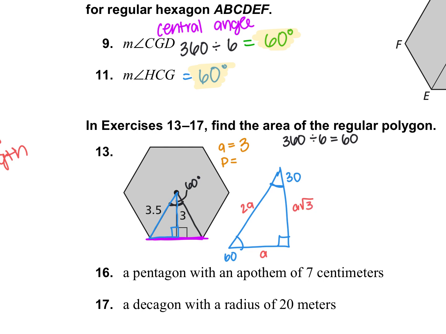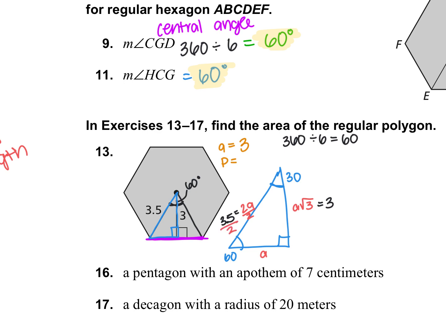And I know some sides. What's my hypotenuse equal? Good, and what does my side equal? 3. Which one would you want to use to solve for A? 3.5. Good, I would want to use the 3.5 because I really don't want to use a radical. How would I solve for A? Divided by 2.